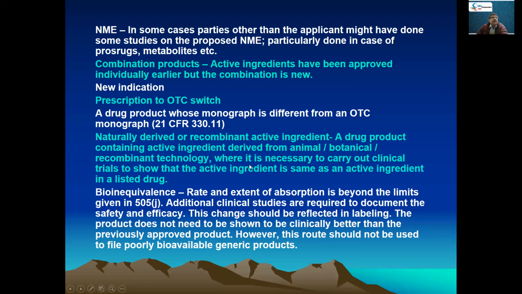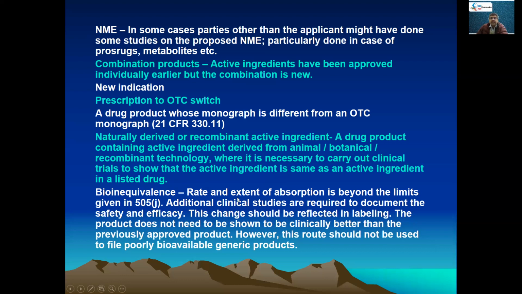If the active ingredient for the product is generated using a different process than the one which was used by the innovator, additional studies to justify or clinical trials to show that the active ingredient is the same as an active ingredient in a listed drug will be required, and this will be considered as a 505(b)(2) application.